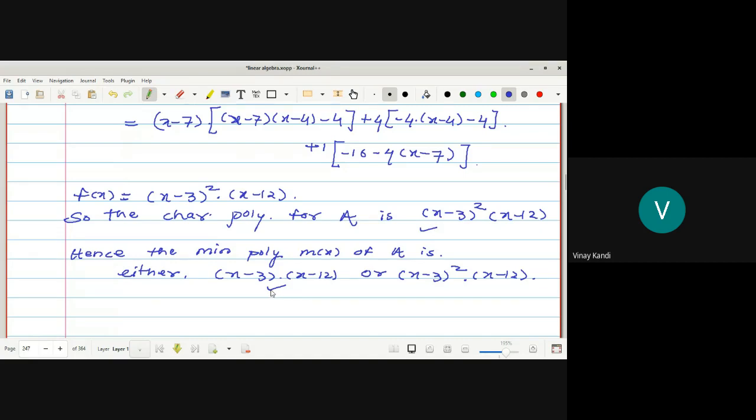Every factor must come in the minimal polynomial, like x minus 3 and x minus 12, but the multiplicity can be different. So either this one or this one will be the minimal polynomial. Now check for these two polynomials whether the matrix A satisfies this polynomial or this one.